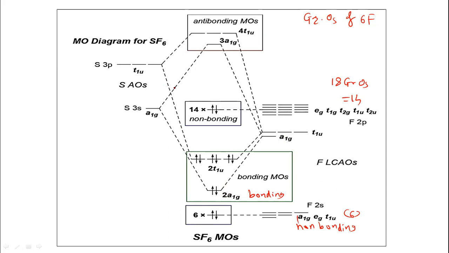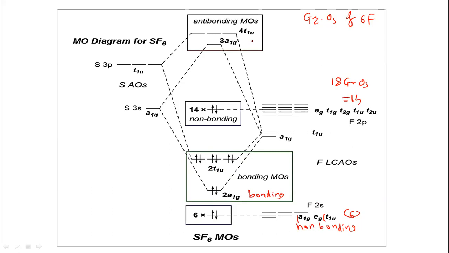Now the T1U orbital of the sulfur atom overlaps with the T1U of this, forming 2 T1U. Here T1U is there, this is 1 T1U, so now this is 2 T1U. The 2 T1U bonding molecular orbital is formed here. So this is 2A1G and 3A1G.